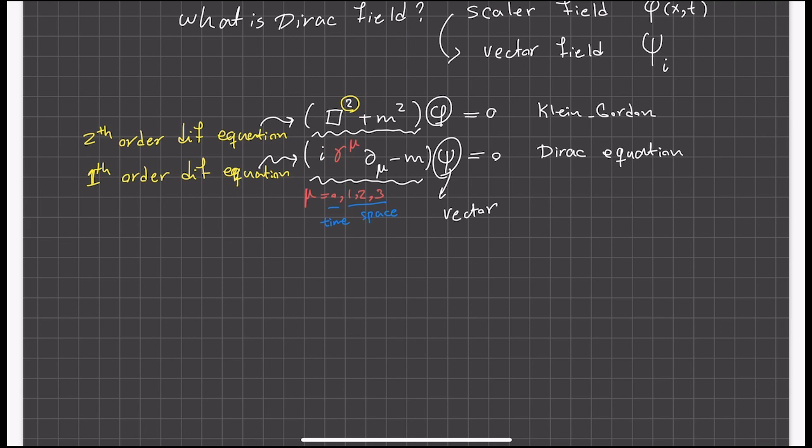So what is the difference between first order and second order differential equation? We can somehow say that something that has a first order differential equation is more fundamental than something that has a second order differential equation, because anytime we're taking a derivative, we are losing some information. So we can show simply that Dirac equation can give us Klein-Gordon equation, which means that we can take another derivative from Dirac equation and just rederive the Klein-Gordon equation.